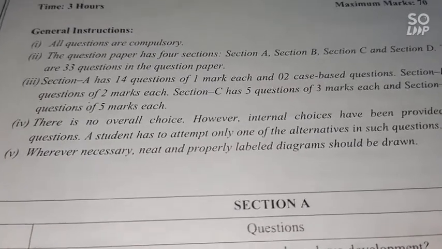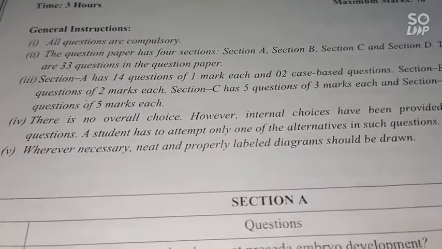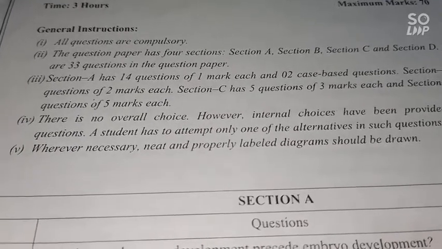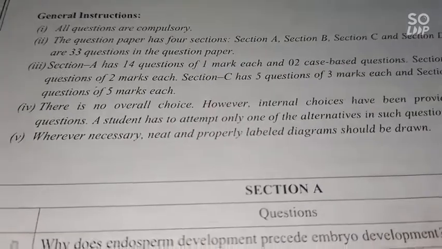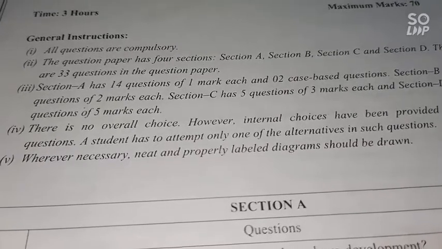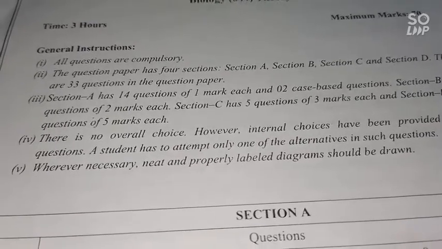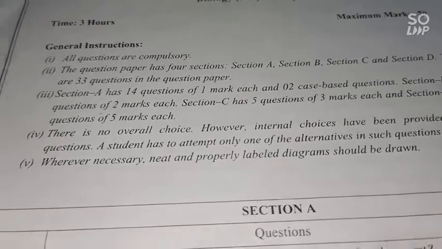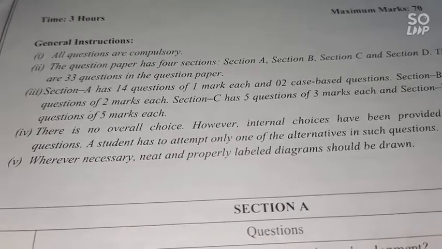So for a description question, where the question is asking you to explain, you can always support your answer with a neat labeled diagram. But for a diagrammatic question, say there is a question: draw the pollen structure and label the parts. For this question, if you only explain it, that will not be considered. So this is the meaning of this point, which children often get wrong.